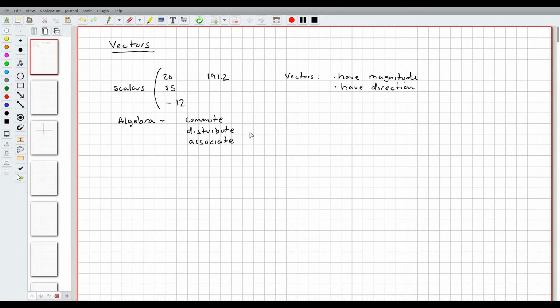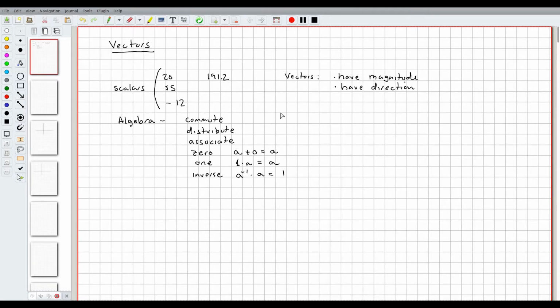We also know that you have a zero that exists, such that if you were to have a number, we'll call the number A, and you added 0 to it, you would get A back. There is such a thing as a 1, such that 1 times A is A. And you also have an inverse. An inverse is such that when you multiply it by that, you get 1 back.